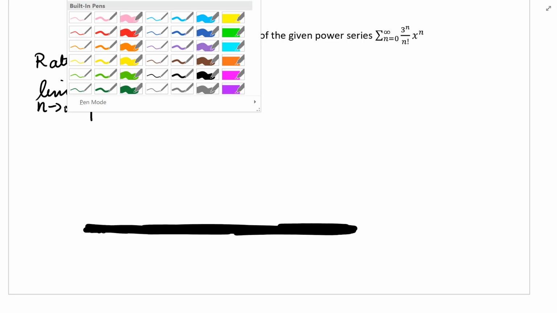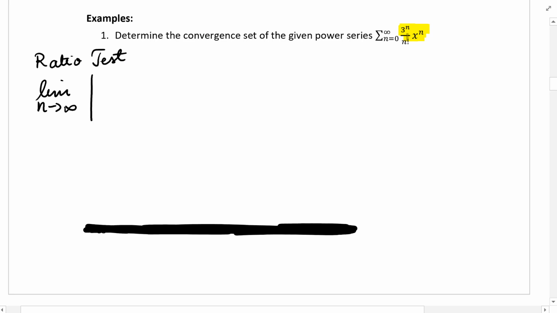Let's consider this whole thing our a sub n. So a sub n plus 1 means 3 to the n plus 1 times x to the n plus 1 over n plus 1 factorial, everything divided by a sub n, which is 3 to the n times x to the n over n factorial.